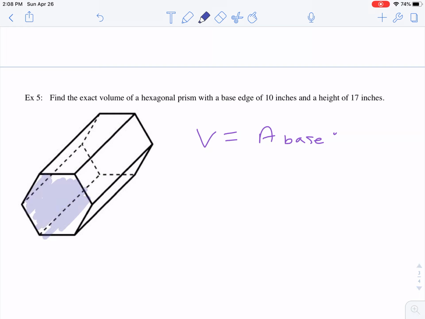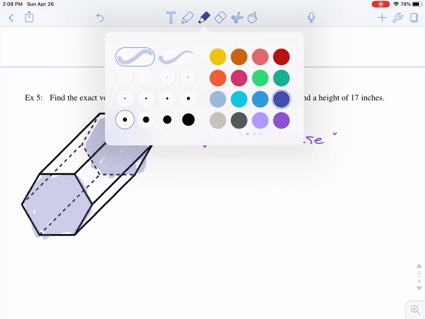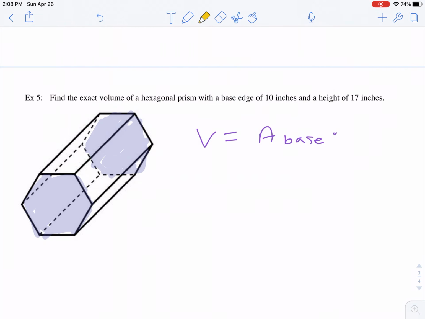That's where we have the two parallel and congruent faces, right? So these hexagons, that's what we're talking about when we're talking about the area of the base. And then the height, it tells us actually, right? It tells us the height, the lateral edge is going to be 17.